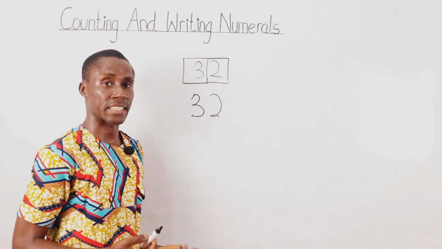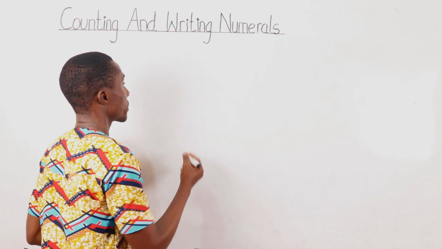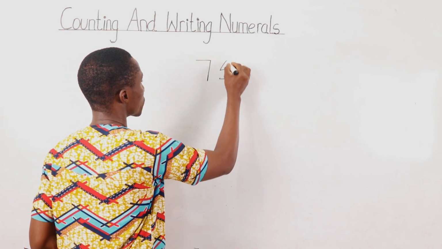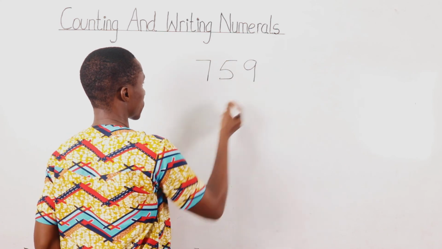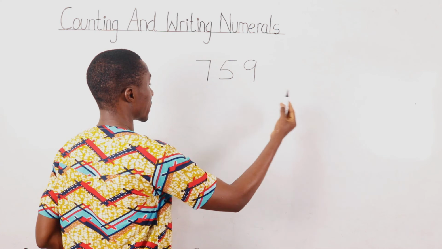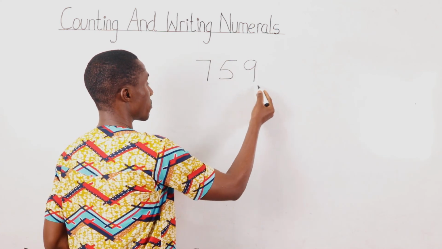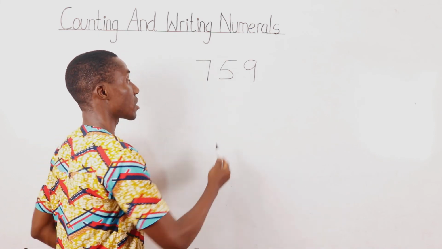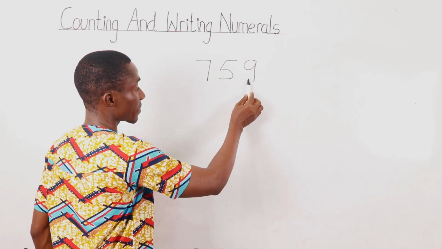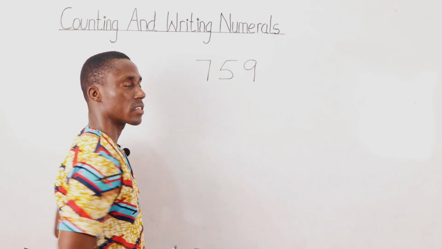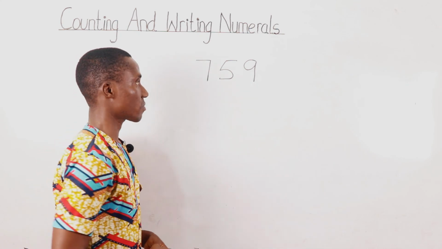Let's look at another example. If we have the number 7, 5, 9, the first number from our right hand side is going to be in the ones number place. And therefore, the digit 9 is 9 ones.